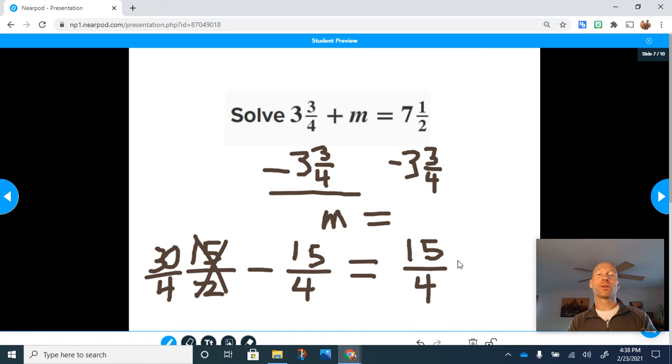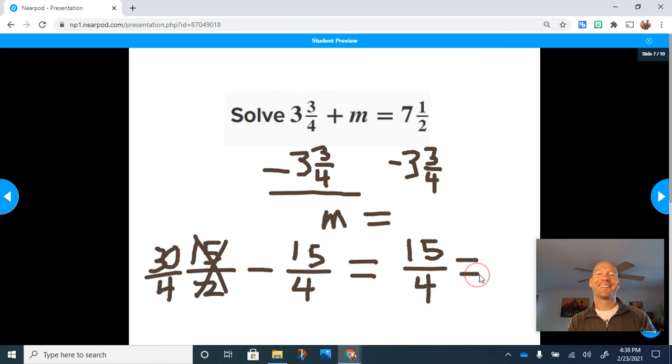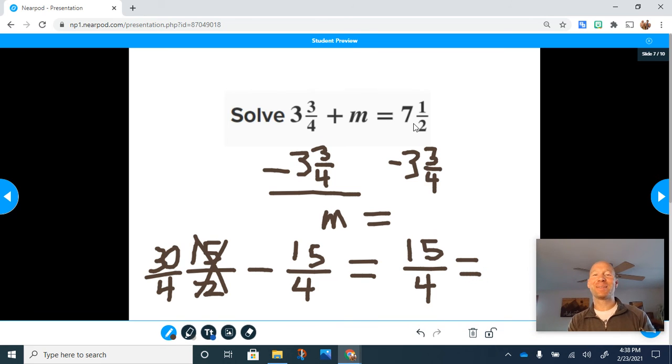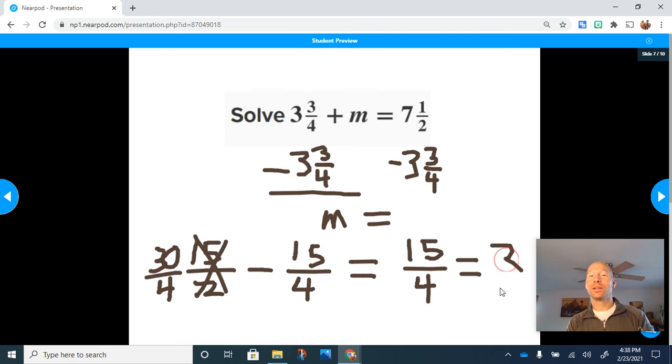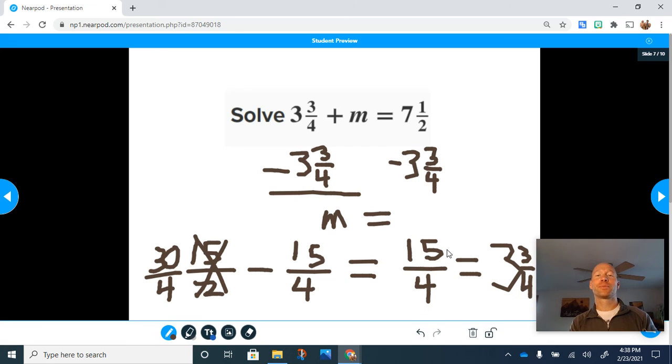And 15/4 is equal to what? Yeah, it's equal to what we had in the beginning. So 7 and 1/2 minus 3 and 3/4 is 3 and 3/4, because 3 and 3/4 times 2 is 7 and 1/2.